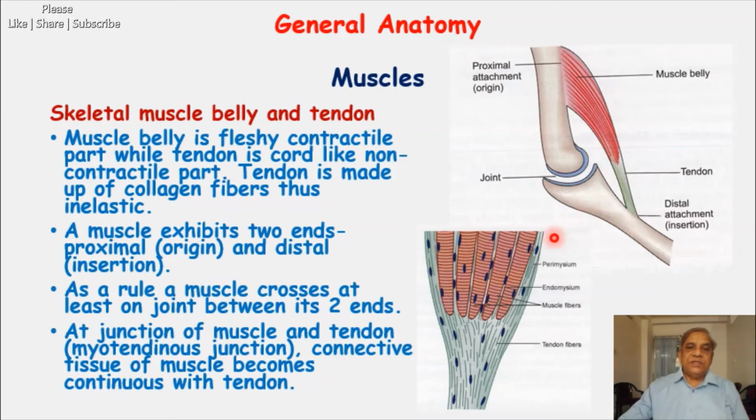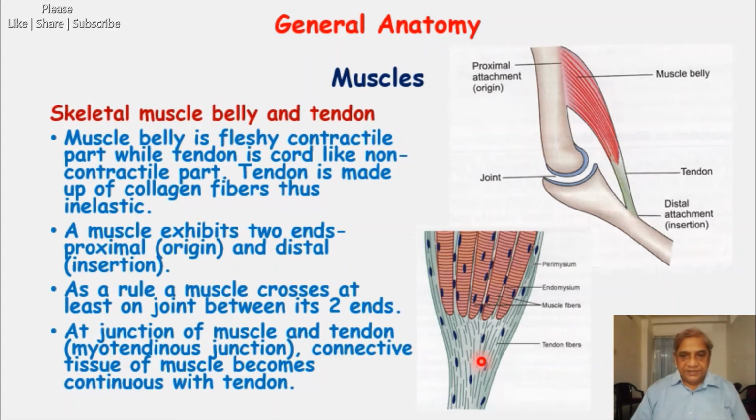Now the junction of the muscle, where the belly is ending and the tendon is starting, as you can see in this diagram, is called the myotendinous junction.